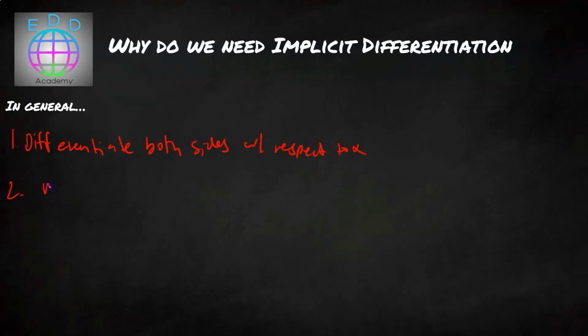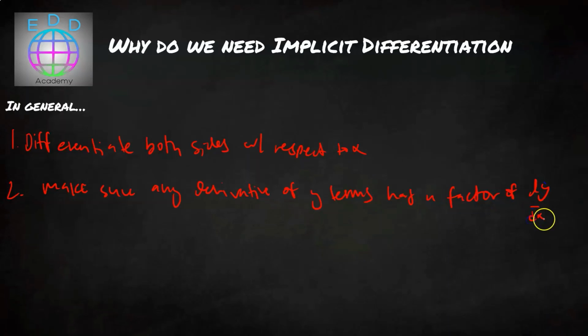Step 2, you make sure any derivative of y terms has a factor of dy/dx. And finally, you solve or isolate the dy/dx term. I'll pause a second so you can look at the screen.